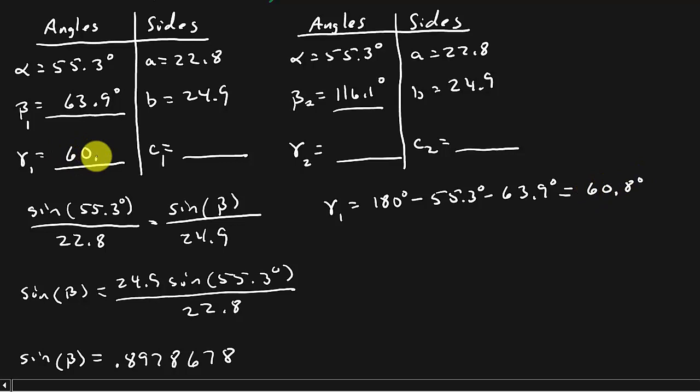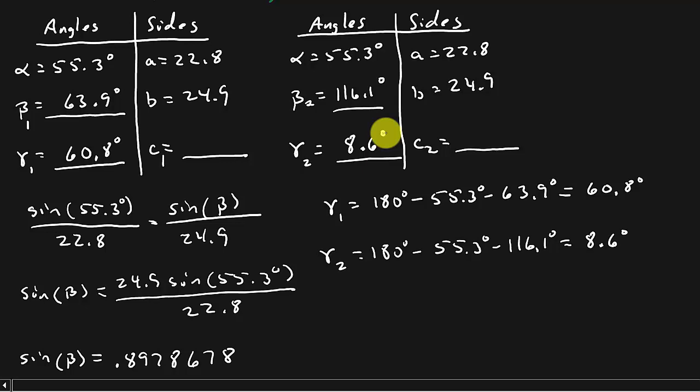So that's 60.8 degrees. And then let's go ahead and find gamma 2 while we're at it. So that's 180 minus 55.3 minus 116.1. And that is going to be, let's see, 8.6 degrees.